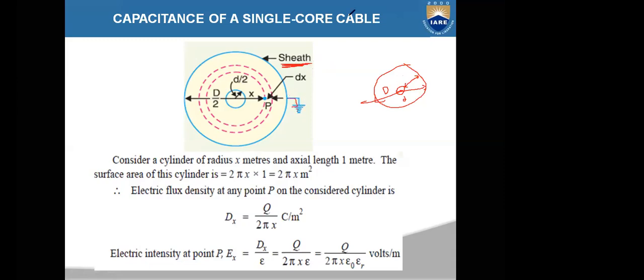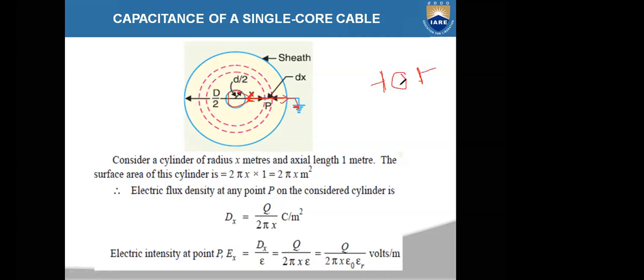You lay these cables by burying them inside the earth, so the sheath will be connected to earth. Now you have the conductor, and earth acts like another conductor, so a capacitance exists between the earth and your conductor. That means you have two plates. For a capacitance to exist, you need two electrodes and one dielectric medium.